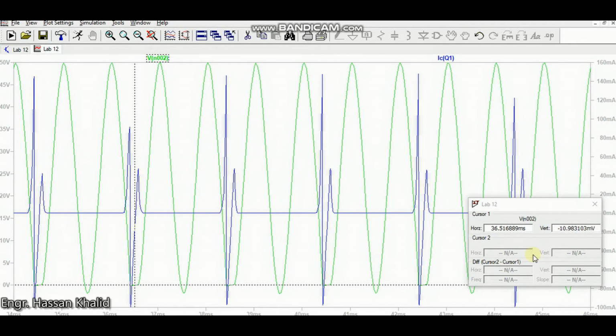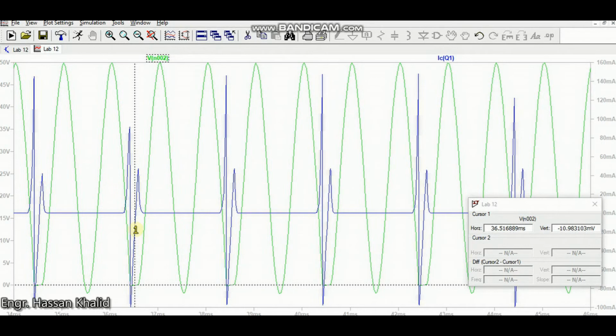I hope that you remember the simple circuit of the class C amplifier whose output was represented in the digital form. You find out that value by moving your cursor toward the minimum value of the collector voltage, and ideally it was supposed to be 0, but it's never always just like that. So over here it is minus 10.9 millivolts. This is our collector to emitter saturation voltage.